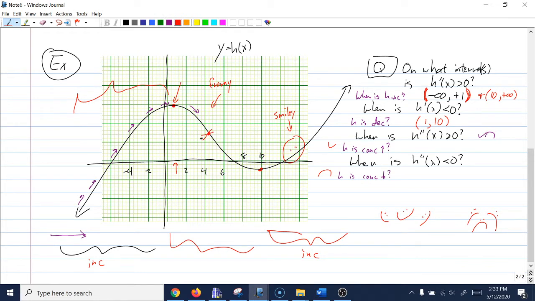If this was an exam and you said this or this or this, I would feel bad taking off points. I'm going to call that 4.5, where it switches.